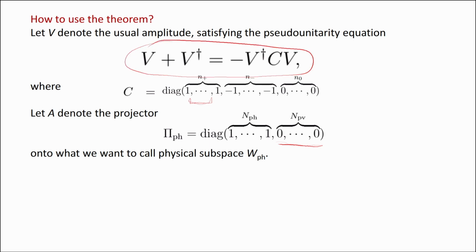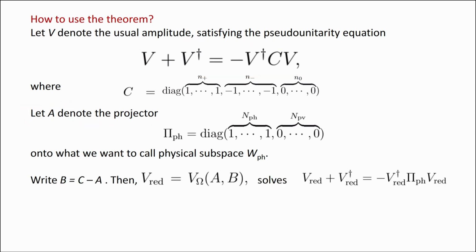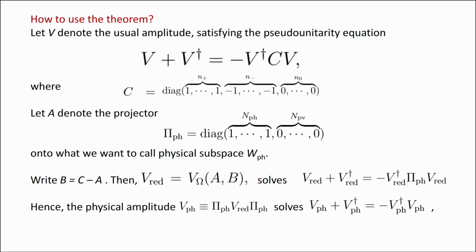We start from an equation that is unsatisfactory. And this is provided by our quantum field theory that contains ghosts, for example. We do not want that. So what we have is this identity: V we have, C we have. Then, to solve the problem, we choose an A. We then define B equal to the difference C minus A. Then, by the exercise of matrices that we have done before, the formula we have given before solves this equation, which is nothing but unitarity for the physical amplitude that you obtain by projecting.